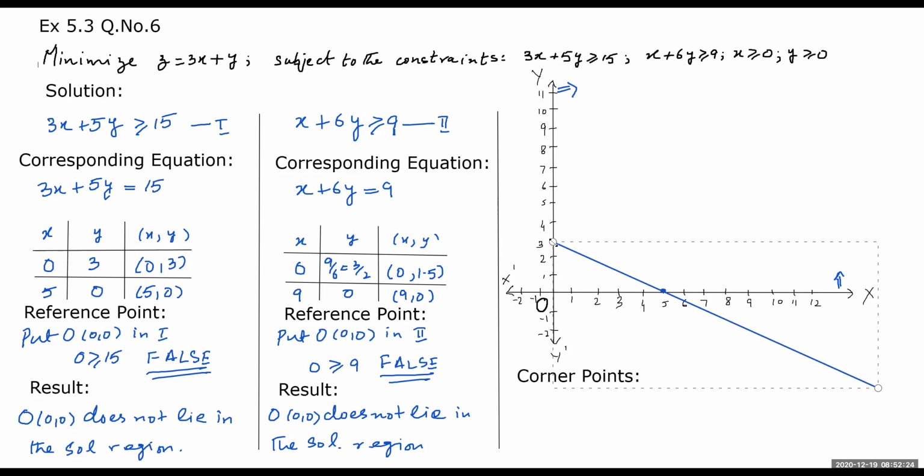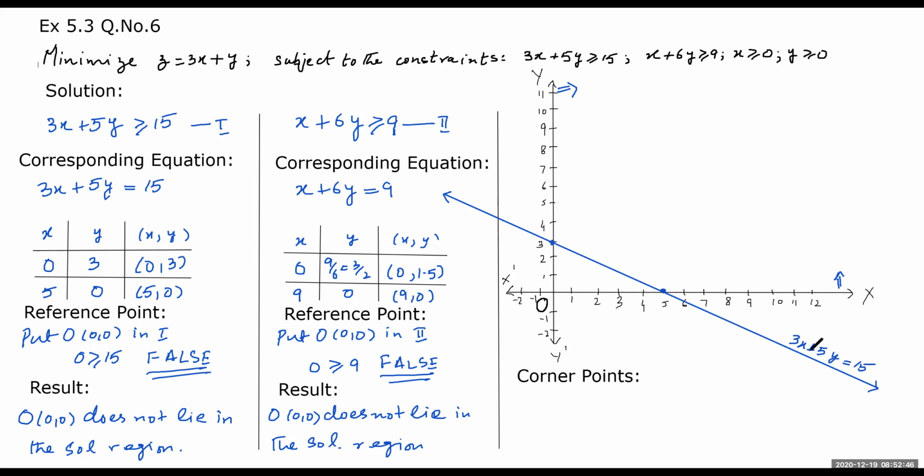I'm going to extend the line on this side too, and then put arrowheads on the line, here and here. Write the equation of the line, which is 3x plus 5y is equal to 15.